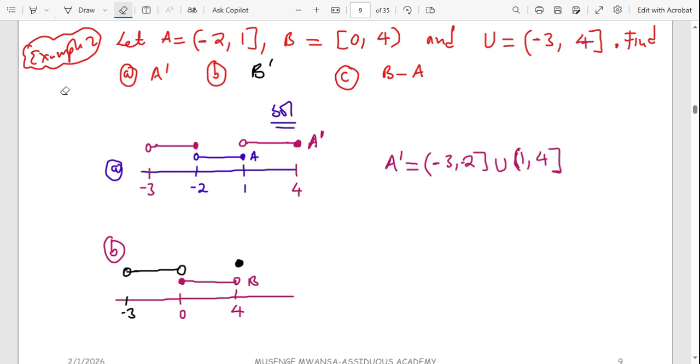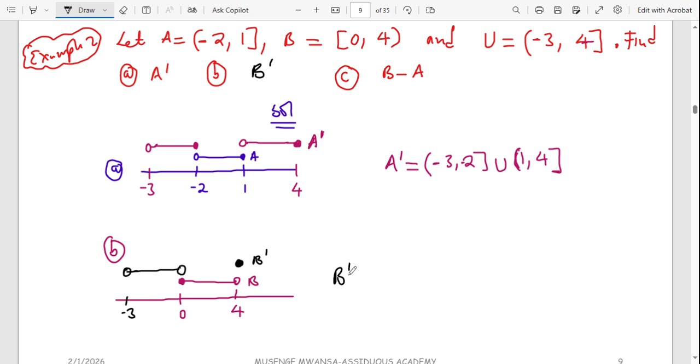So the set B complement is what I've written here. From 4 going forward, you don't have any elements because the inverse set is actually just ending at 4. So I'll just put a dot there. But from 0, we'll actually go all the way to -3 because we still have elements on the left.